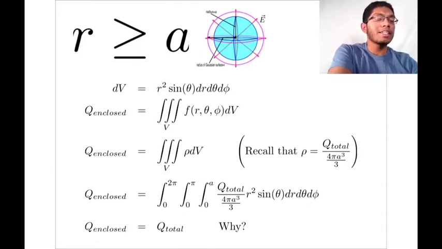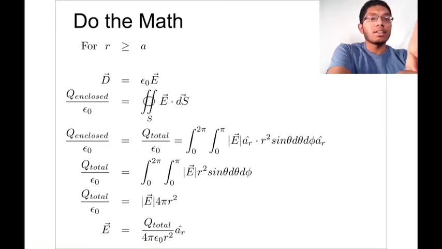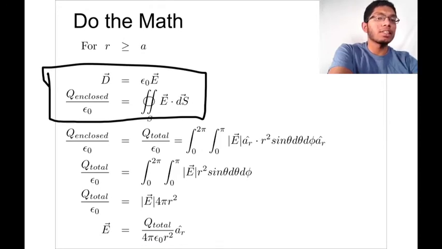Now let's find E. This is again for r greater than or equal to a, and this is what we have for Gauss's law. And now we can just plug in the values. We know what Q enclosed is. That's just the Q total for the sphere of volumetric charge density. And we're looking for E. And we know it'll go out radially in all directions.